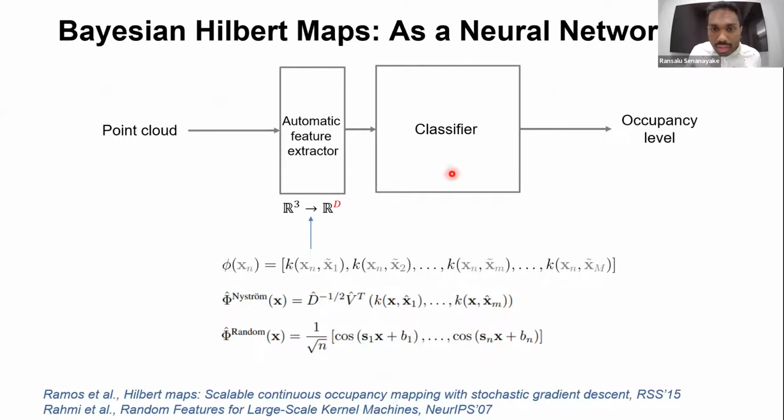So this is our neural network. I represent it again in a slightly different form. What happens in a neural network is that in the first few layers, they try to extract features. Right? That's why in NeRF and other representations, you have periodic or positional encoding at the beginning. And towards later layers, it tries to classify.